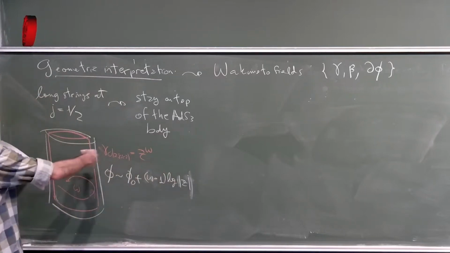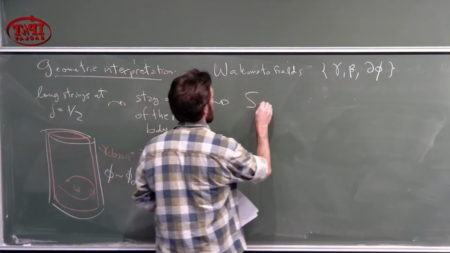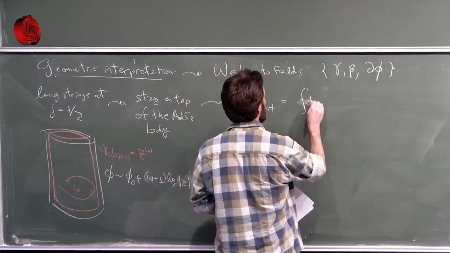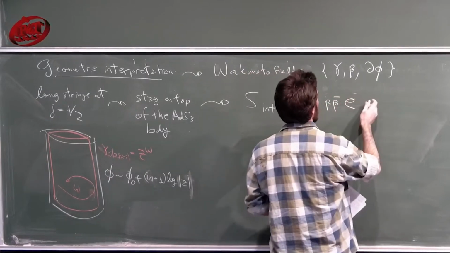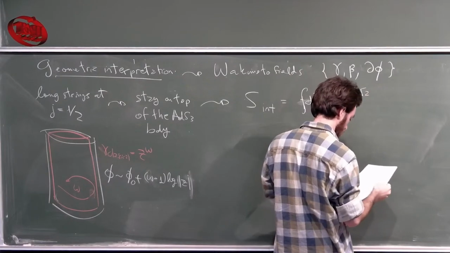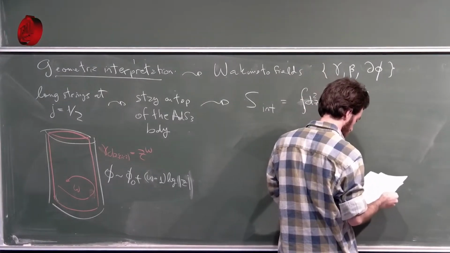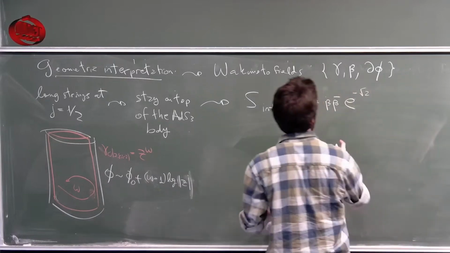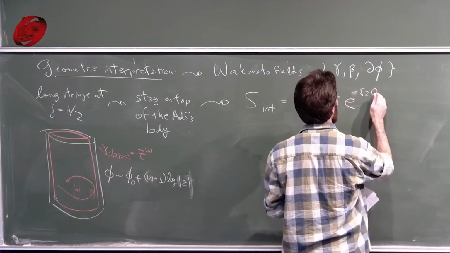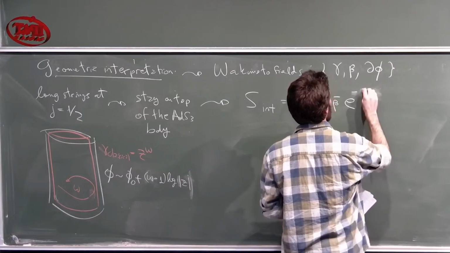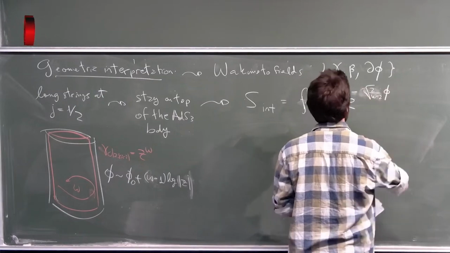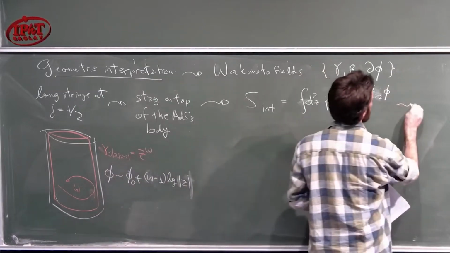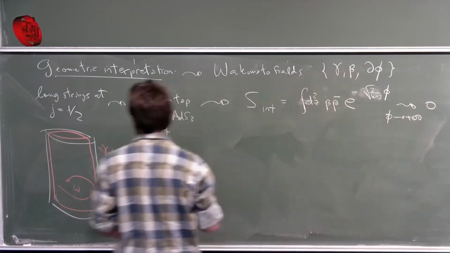And because the strings stay very much near the boundary, the interaction term, which was something like this, in my notation, square root of 2 over k minus 2 pi, this was the interaction term, and it goes to 0 as phi goes to infinity, which is exactly the boundary here.